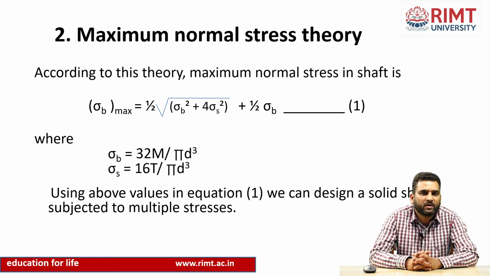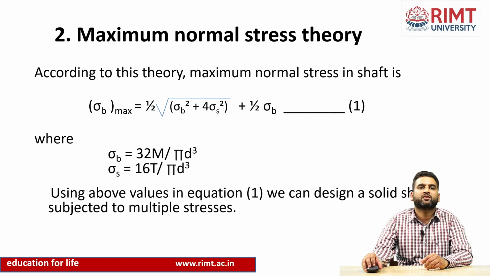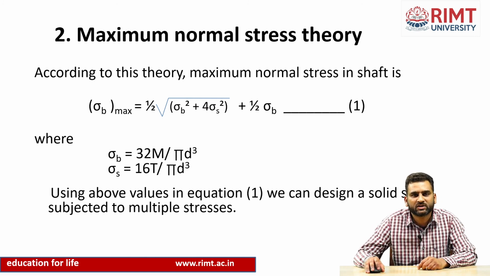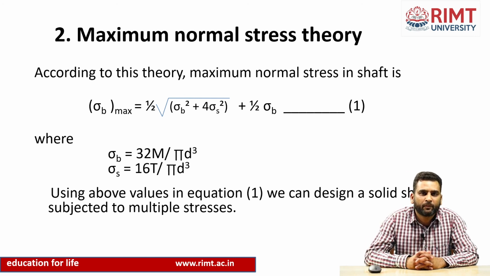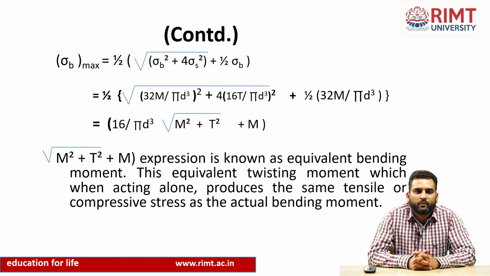Again, sigma b is the amount of bending stress induced, sigma s is the amount of shear stress induced. So, using the above values in equation 1, we can design a solid shaft based upon the multiple stresses, and on solving, our sigma b maximum comes out to be 16 by pi d cube times under root of m square plus t square plus m.